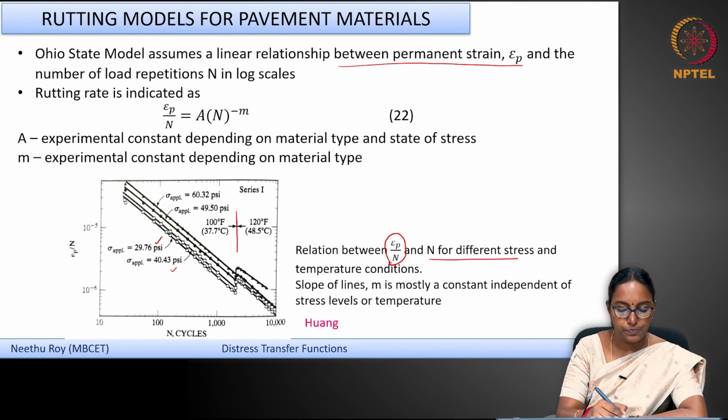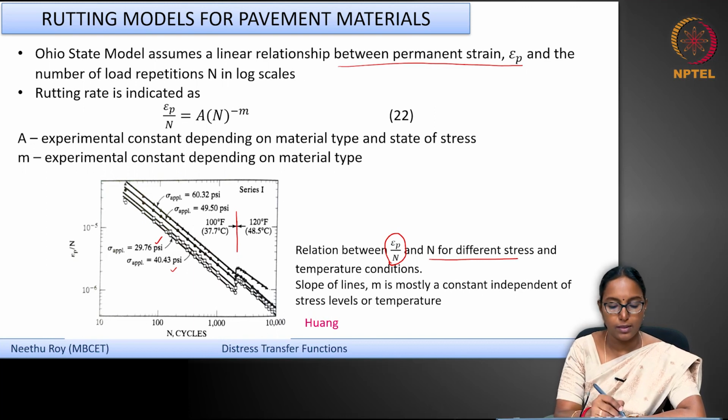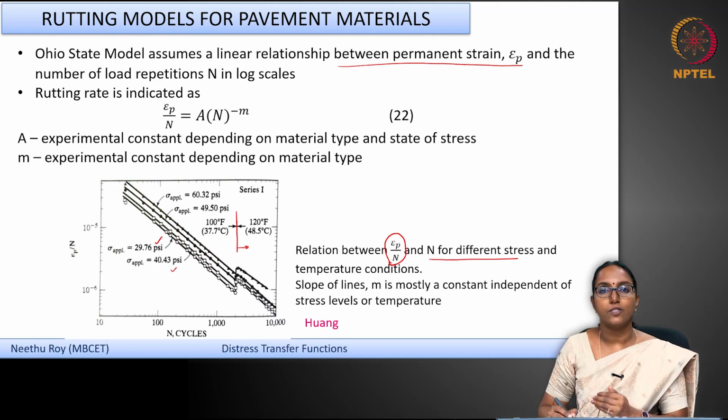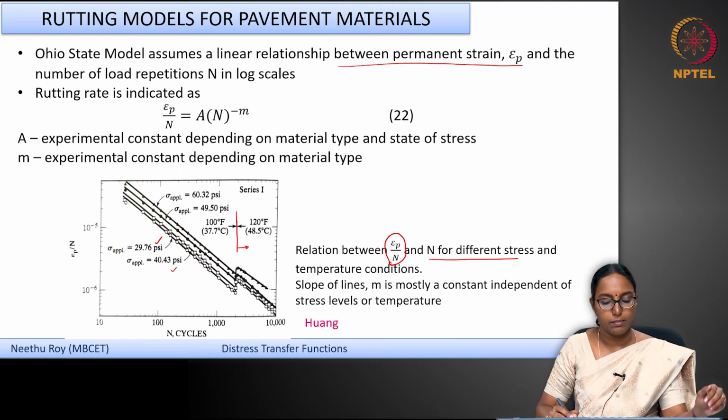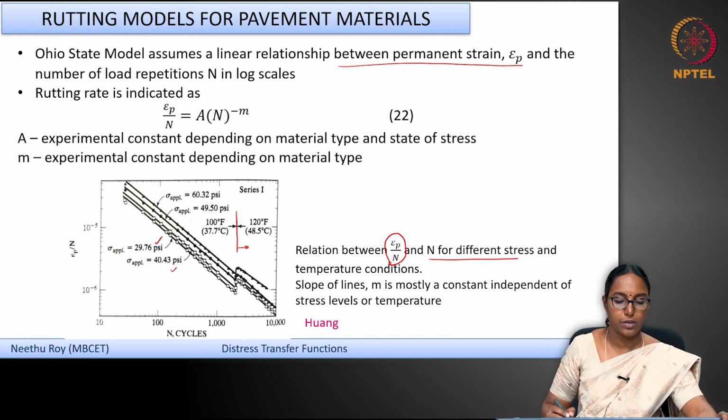See, till here the temperature is 100 degrees Fahrenheit, and beyond that it is 120 and so on. So, a series of experiments are conducted on materials at different temperature levels, and the accumulated permanent strains are captured, and then plotted here.